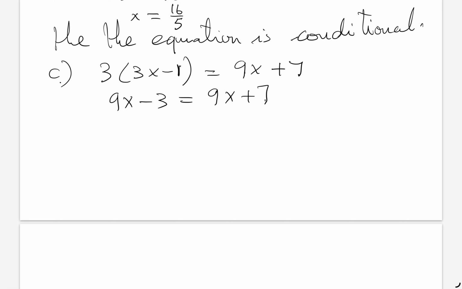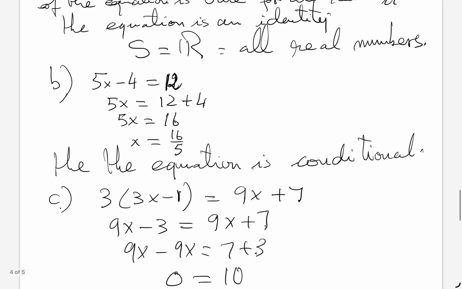Okay, we have this one here. So now we can move the 9x here inside. We have 9x minus 9x, and we have 7 plus 3. And here we have 0 is equal to 10, which reaches a contradiction, because 0 cannot be equal to 10. Impossible, which is impossible, by the way.